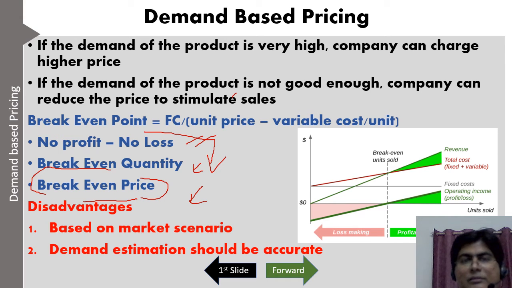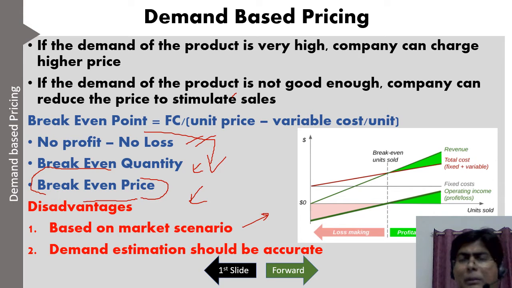So that is the function of the break even point. What is the essence of break even price? You will get to know the minimum price you should charge, because if you go below break even point you are incurring a loss. That is the most important thing.